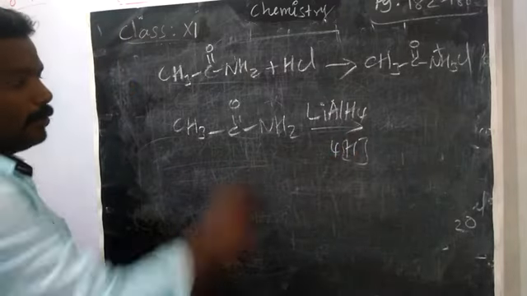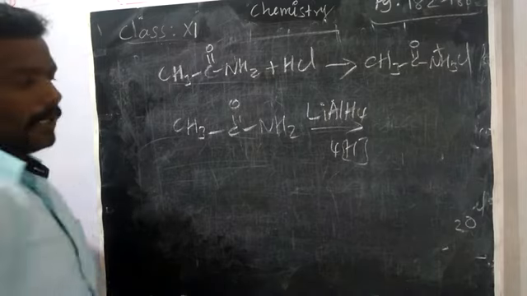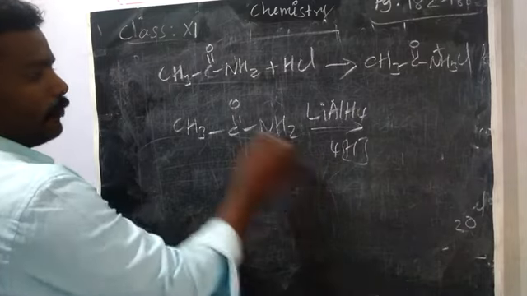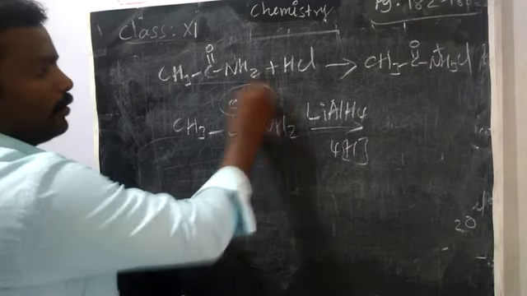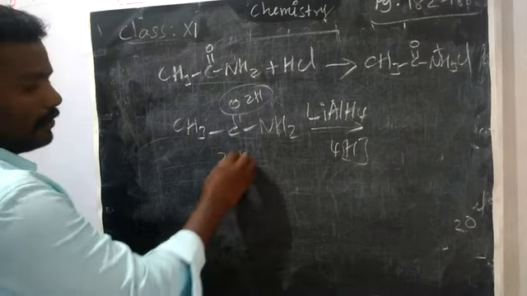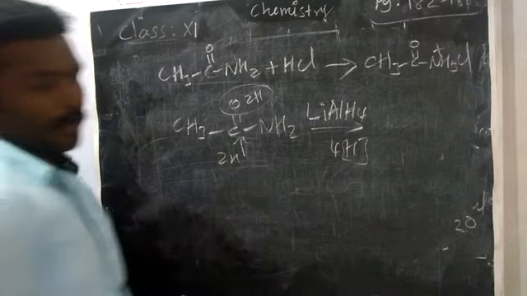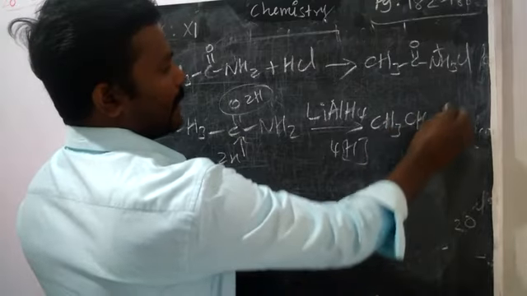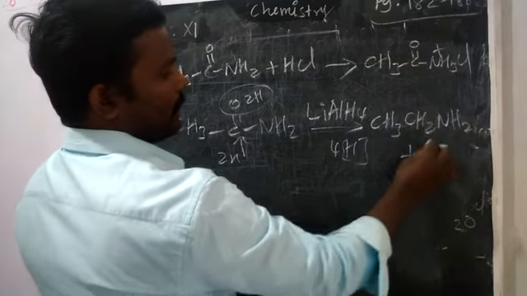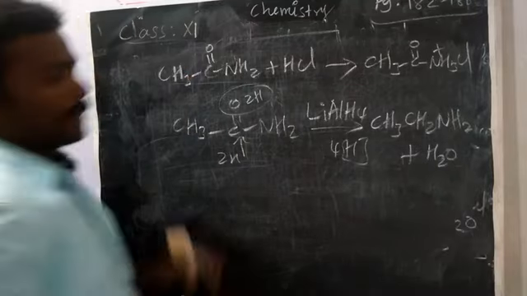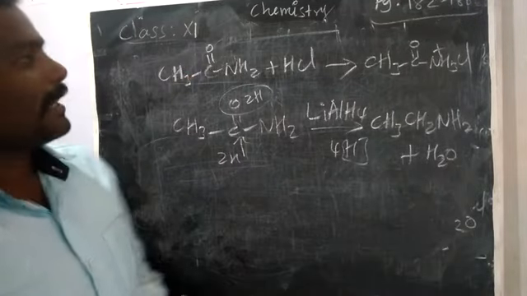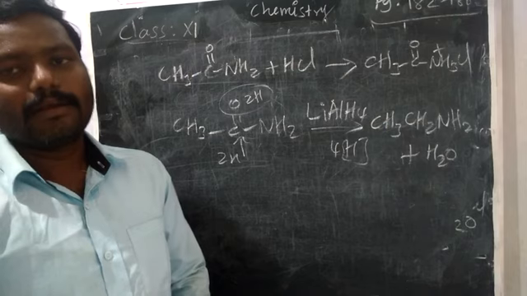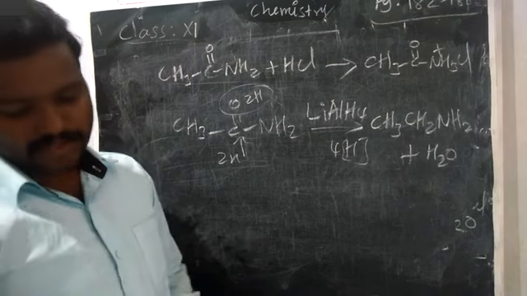We will remove the oxygen as water. From the 4 hydrogen you take 2 for water. Remaining 2 add in the carbon: CH3 CH2 NH2, ethylamine, and water. So all the chemical reactions and preparations we have finished.